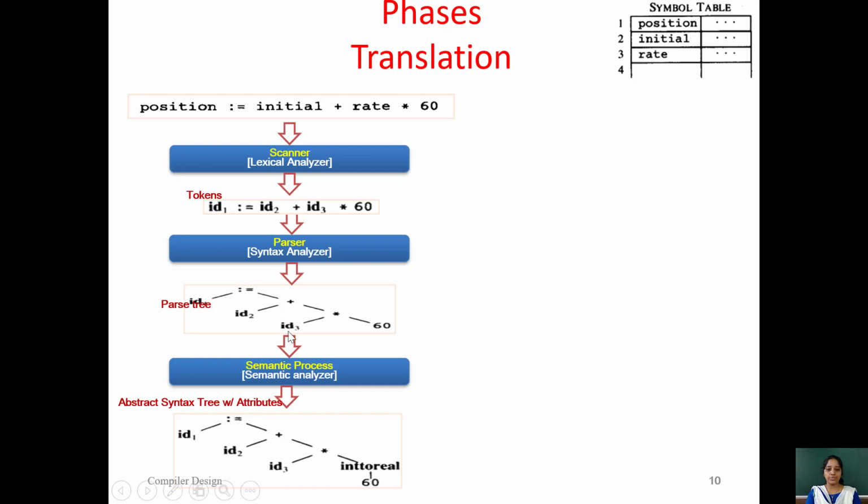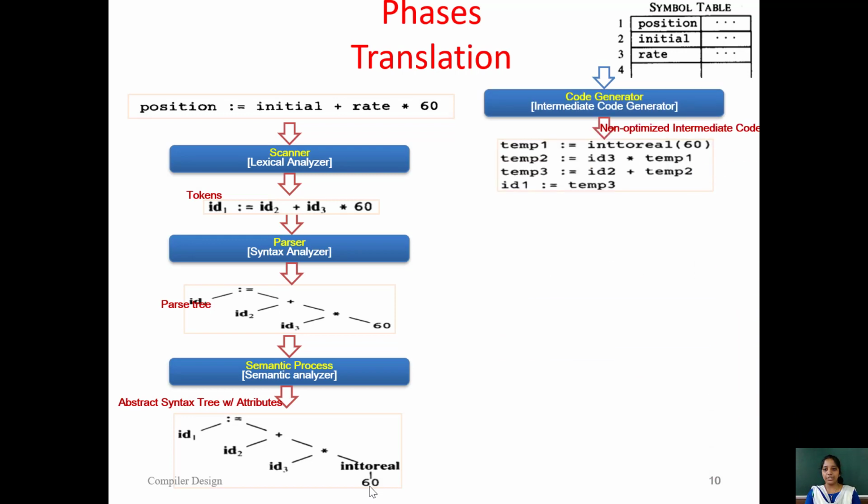Generally in the syntax analyzer you have the 60, but what is 60? 60 is nothing but a constant. So it will be converted into int2real. So int2real is derived from 60. This is given to the next phase, the intermediate code generator. In this phase, int2real of 60 is stored in one temporary variable, temp1.